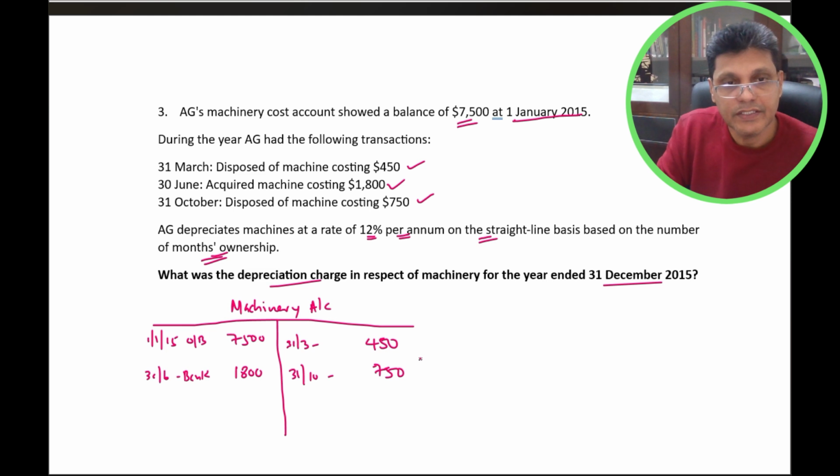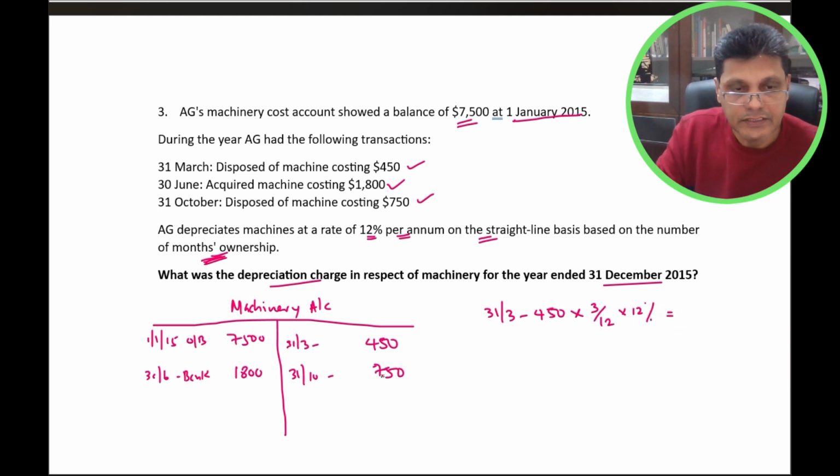Okay, now when you calculate the depreciation on straight line basis based on the number of months ownership, we need to calculate, for example, on 31st March this 450 was sold. So if you take the number of months these assets were held in the company, this particular asset was held for 3 months. So therefore this has to be calculated for 3 months at the rate of 12%.